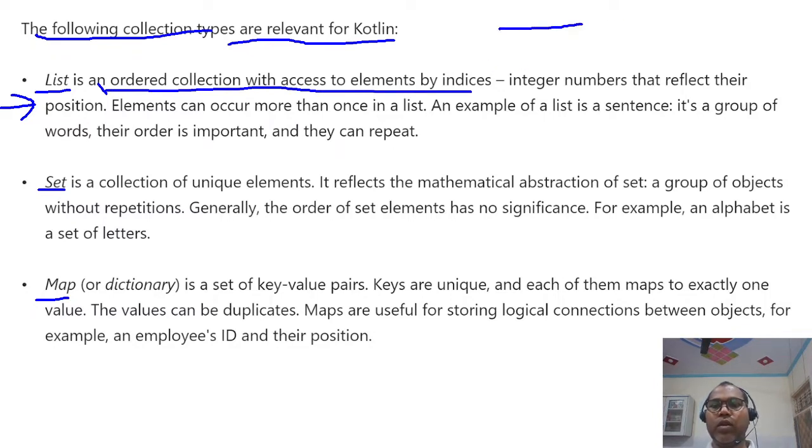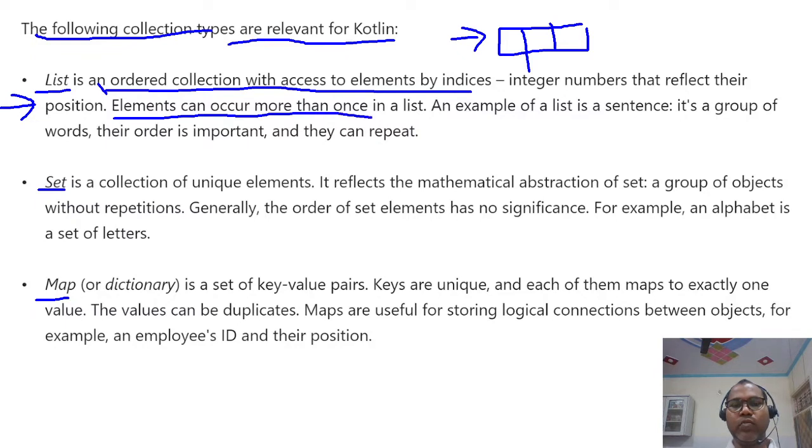Whenever you want an ordered collection and want to access elements by index, like an array position, you can use the list. One important point is that elements can occur more than once in a list. The same object can be stored at two or three indexes.